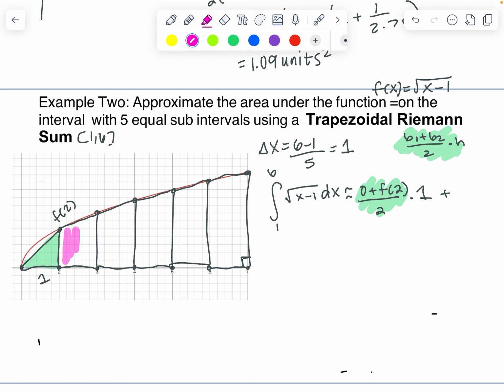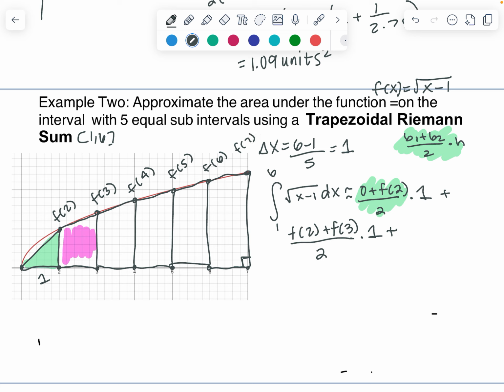Next, we'll do this next one. For this one, we have f of 2 as one of the base heights, and the other base height is f of 3. Based on the trapezoid formula, you would add those together, divide by 2, and times by your height, which is 1. Then I'm just going to repeat this process. So f of 4 goes here, f of 5 goes here, f of 6 goes here, and f of 7.